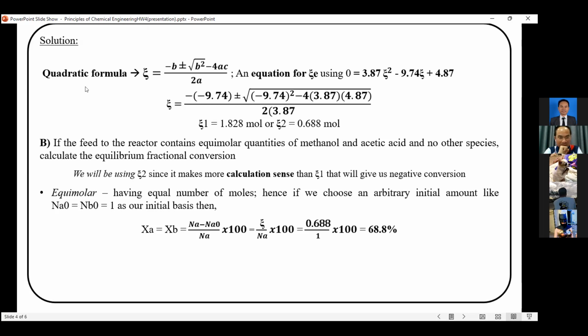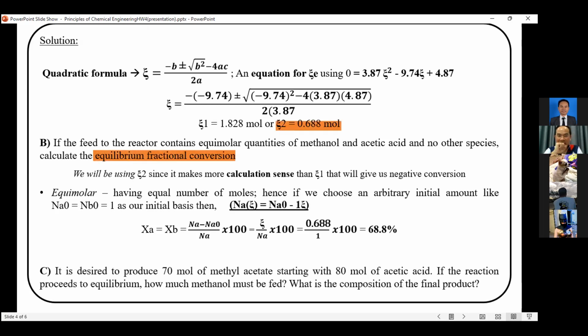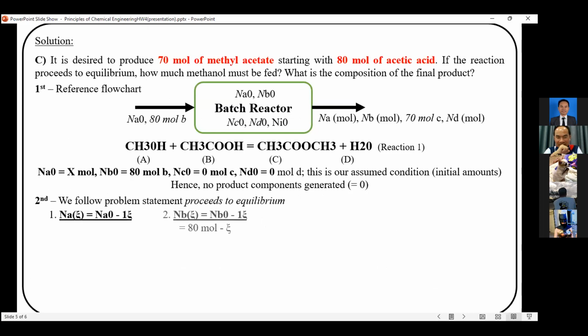Okay, I have one more question. When you talk about question C, how much is the conversion of question C? From question A and B, the conversion is 80, but question C is not the same. Would you calculate the conversion?